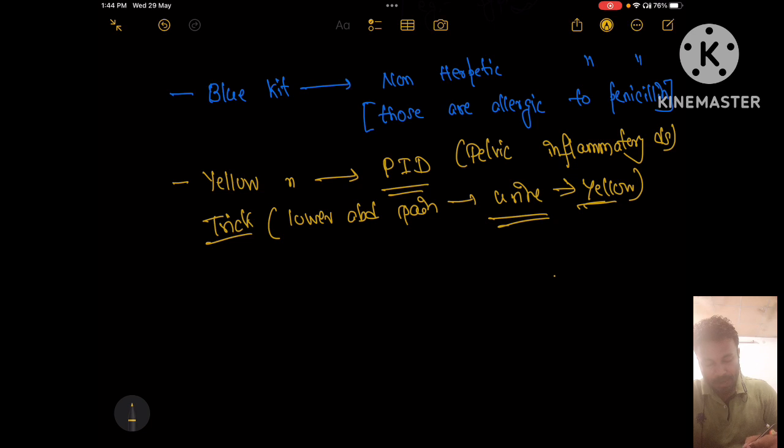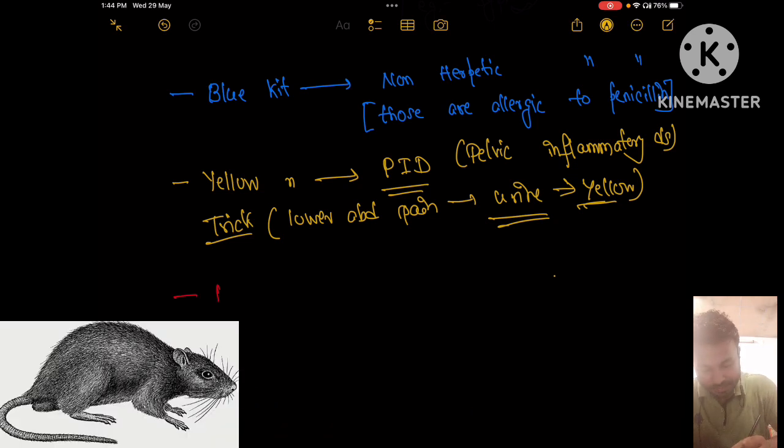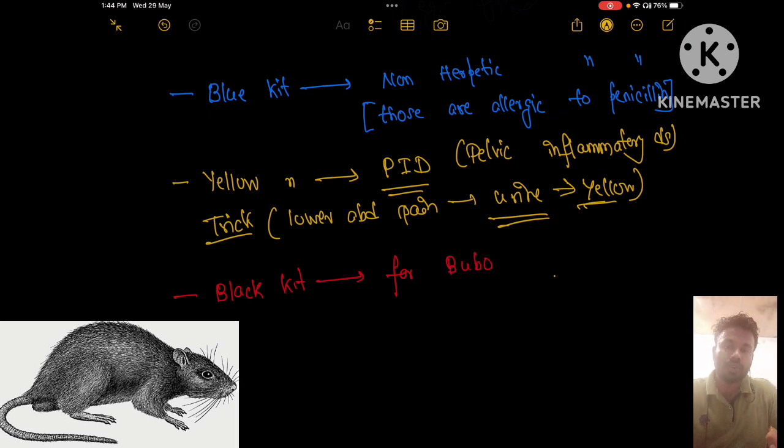Next is the black kit. The black kit is for bubo. Bubo is caused by Haemophilus ducreyi, and it is generally painful.